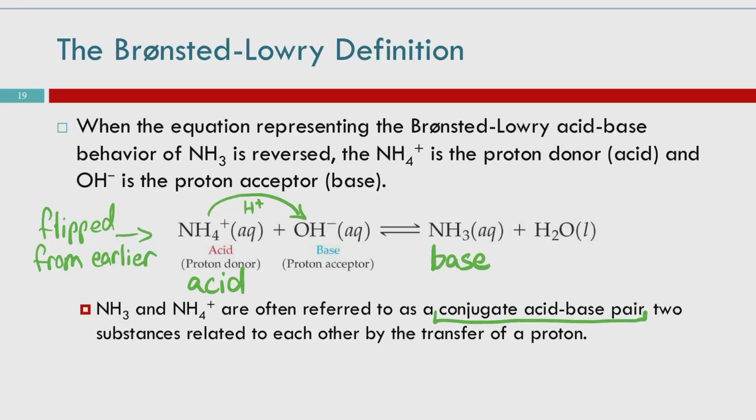They differ from each other by the transfer of a proton. So all that's different is that one has the extra H plus. So the base can pick up the H plus to become the acid. The acid can lose the H plus to go back to the base in a solution that's probably happening constantly.